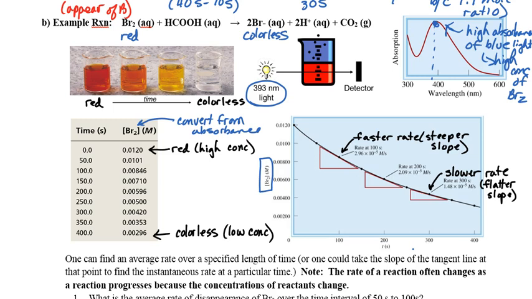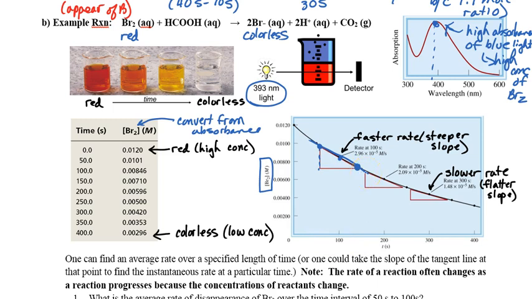So if you look at this point here, if you take the slope of this line right at that point, the tangent right at that point, you can get the average, you know, what was the concentration here, what was the concentration here, and we can get an average rate over time, average rate in that time period, right?